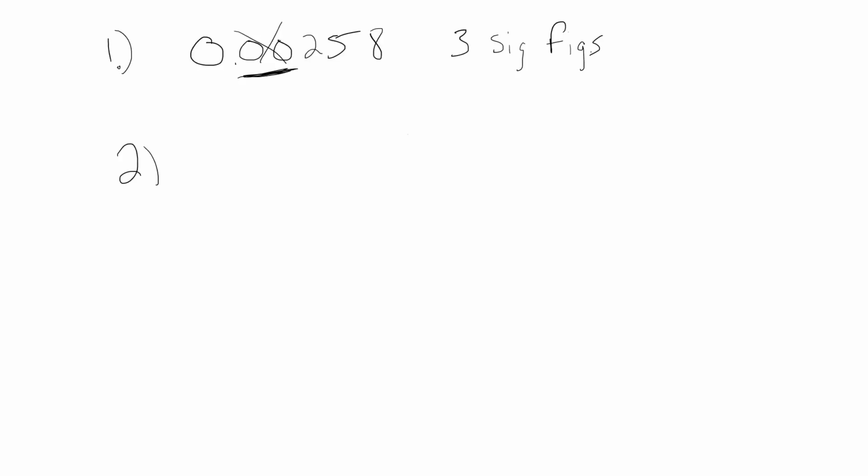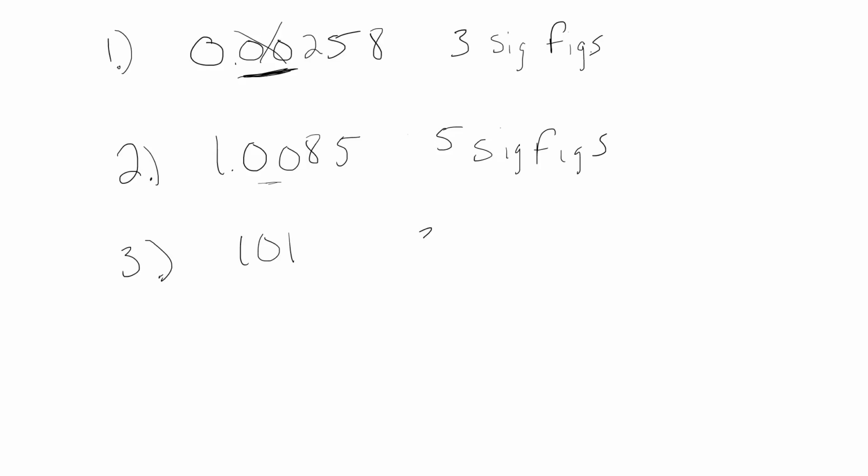If I go to the next one, 1.0085, these zeros are significant. So technically I have 1, 2, 3, 4, 5 sig figs, 5 significant figures. If I have this scenario where I have 101, this is 3 significant figures.